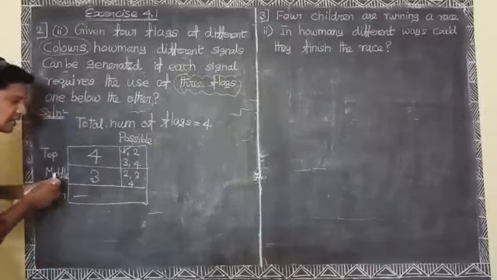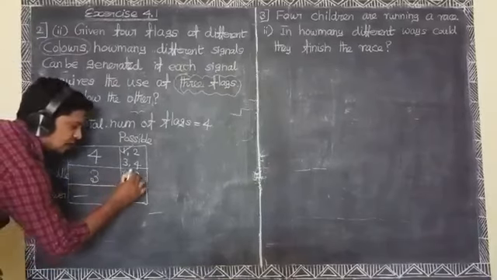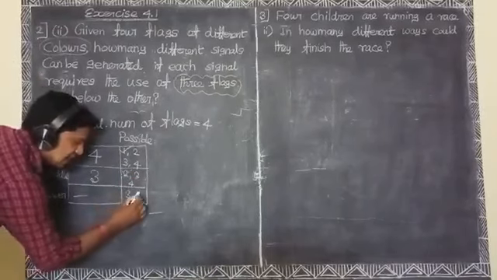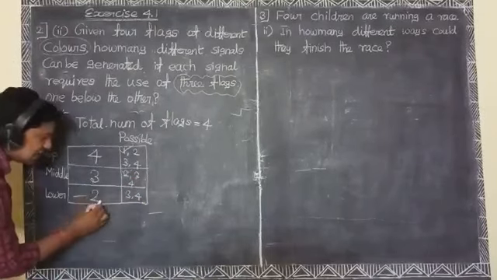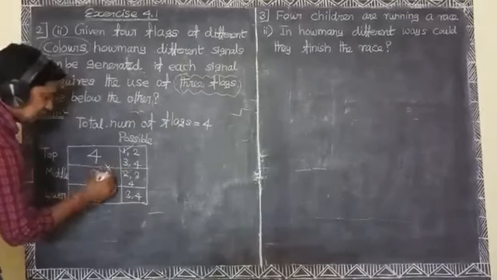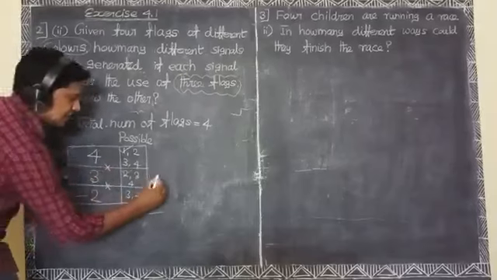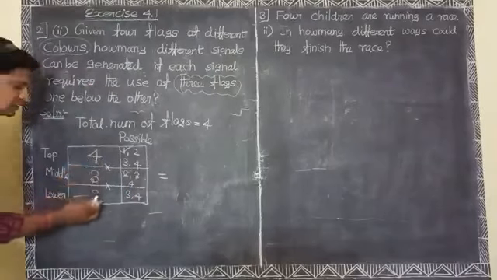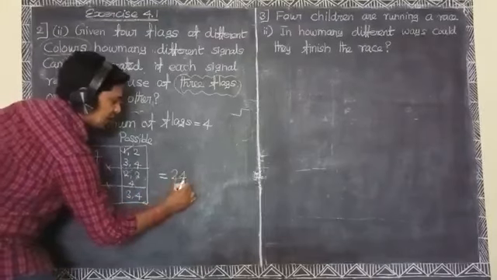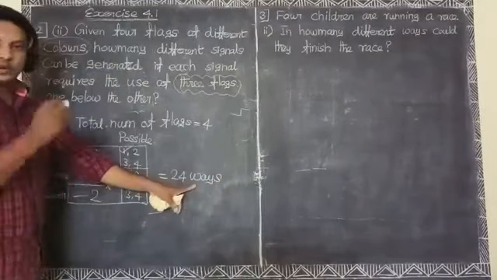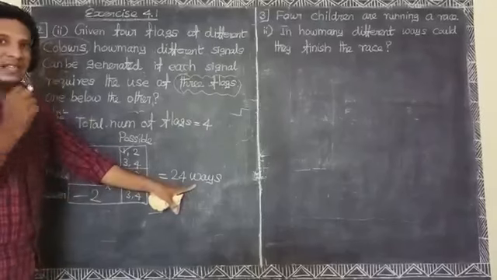Suppose the middle uses flag 2, then the possibilities are 3 and 4, so 2 ways. So 4 into 3 into 2, which is 4 into 3 is 12, 12 into 2 is 24 ways of different signals using 4 flags.